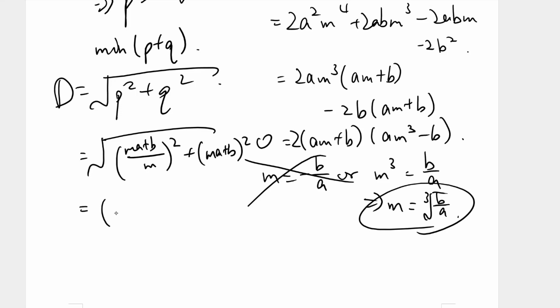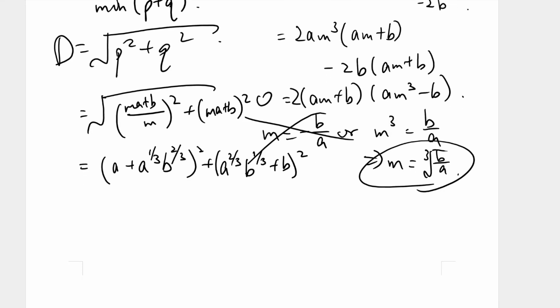Let's use powers, because it would get messy if I don't. A to the 1/3, B to the 2/3, squared, plus (A to the 2/3, B to the 1/3 plus B) squared. Steady.